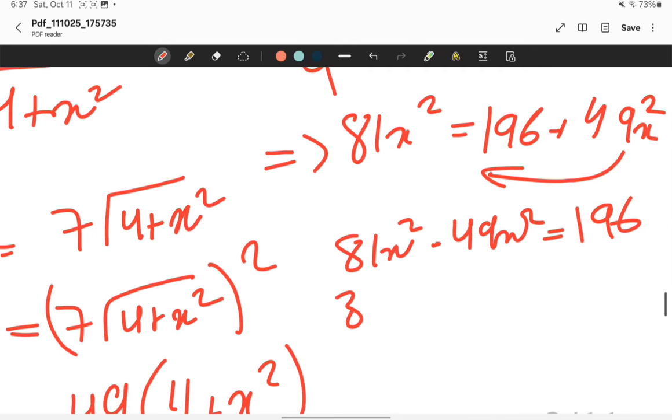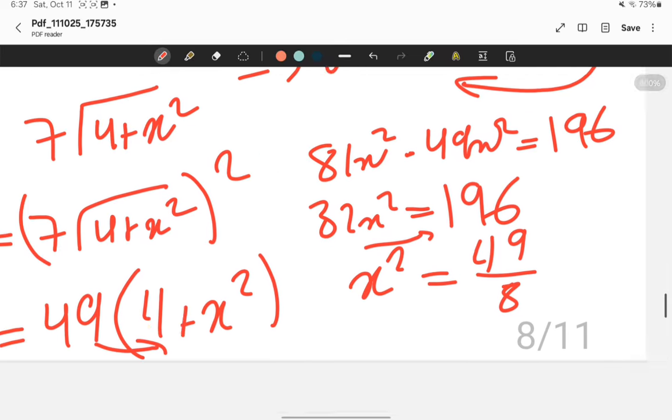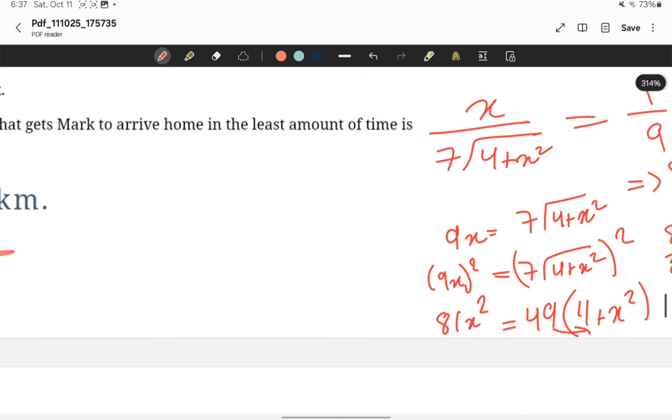Get 32x squared equals 196. X squared equals 196 over 32. Take this 32 to the other side. So 196 over 32 is 49 over 8. So we've got x squared equals 49 over 8, yeah?